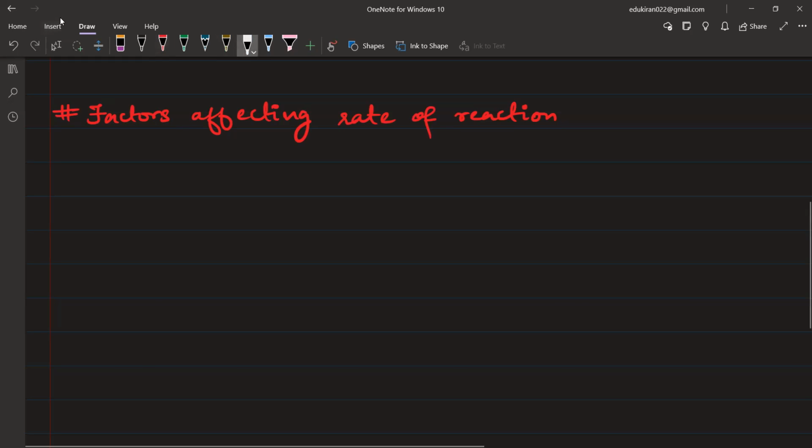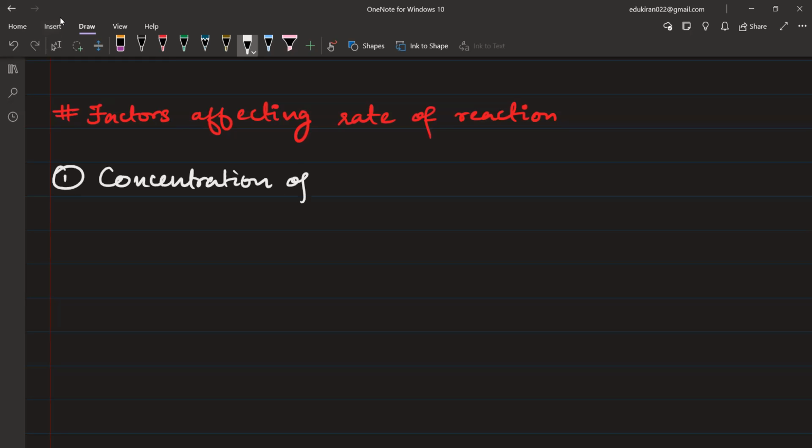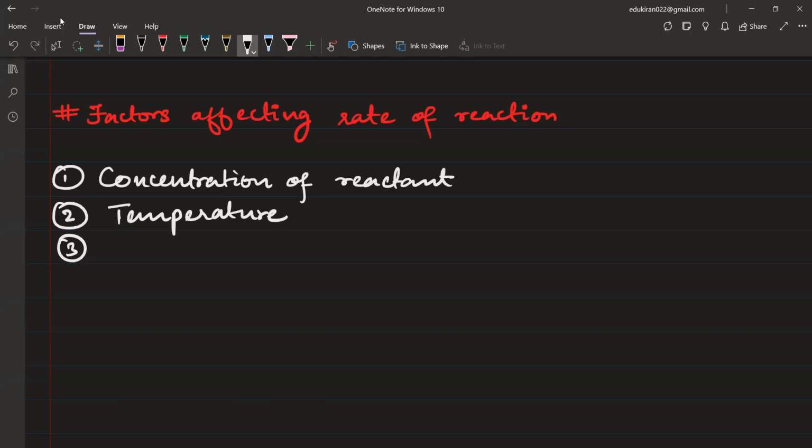Please write number 1: the concentration of reactant. Secondly, temperature. Thirdly, we are also going to learn about the presence of catalyst.